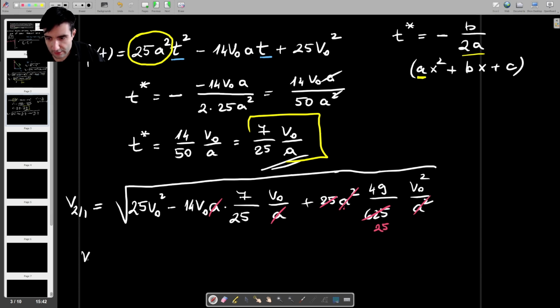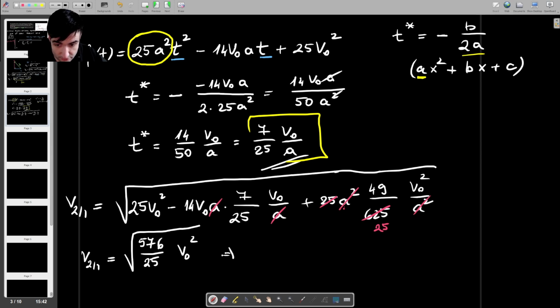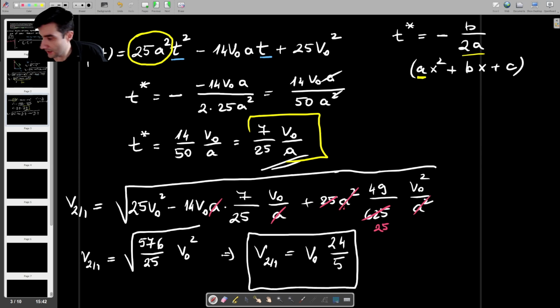And if you plug in all the values, this should become, if I'm not mistaken, 576 over 25 v0 squared, which you can square root quite nicely, and this becomes v0 times 24 over 5, and this should be it.